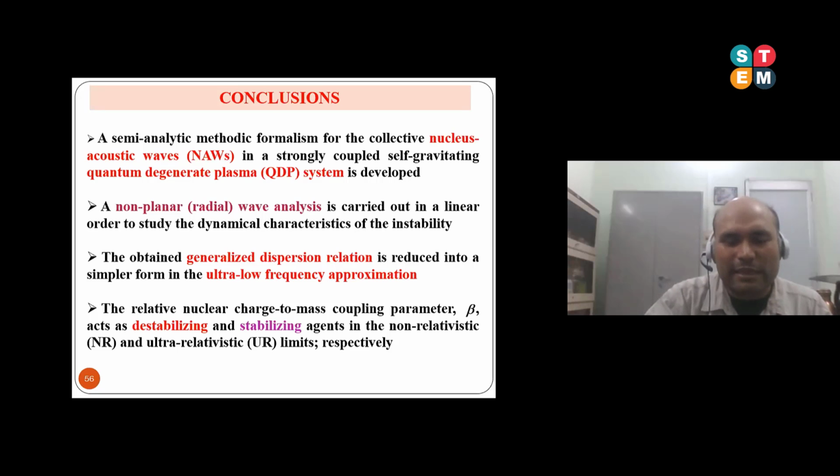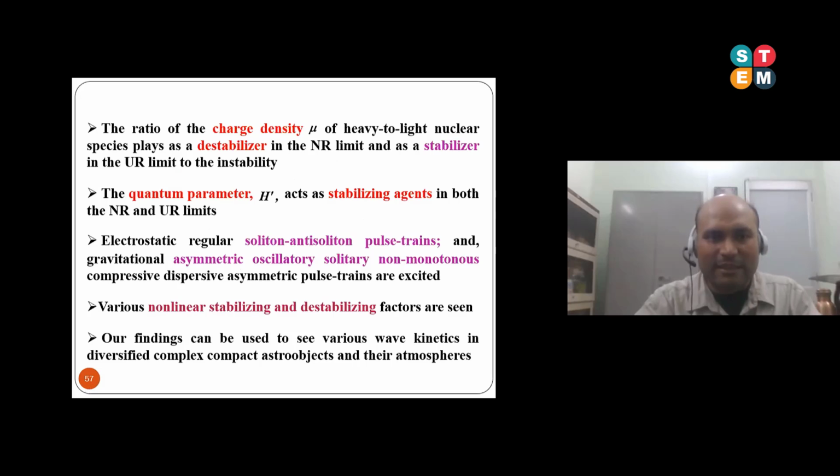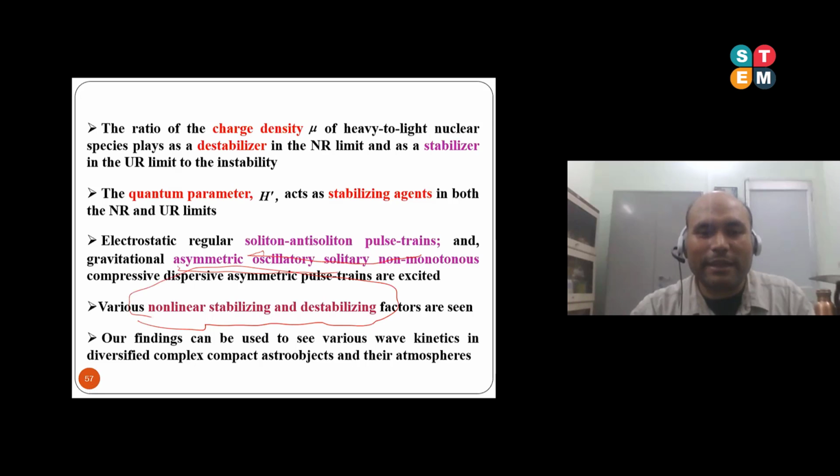Different stabilizing as well as destabilizing agencies have been explored and investigated, and these are the different parameters we have found. In the case of electrostatic perturbations, we find regular soliton and anti-soliton pulse trains, as well as, for gravitational perturbations, asymptotic oscillatory solitary features. Various nonlinear stability features we have already found and shown graphically.